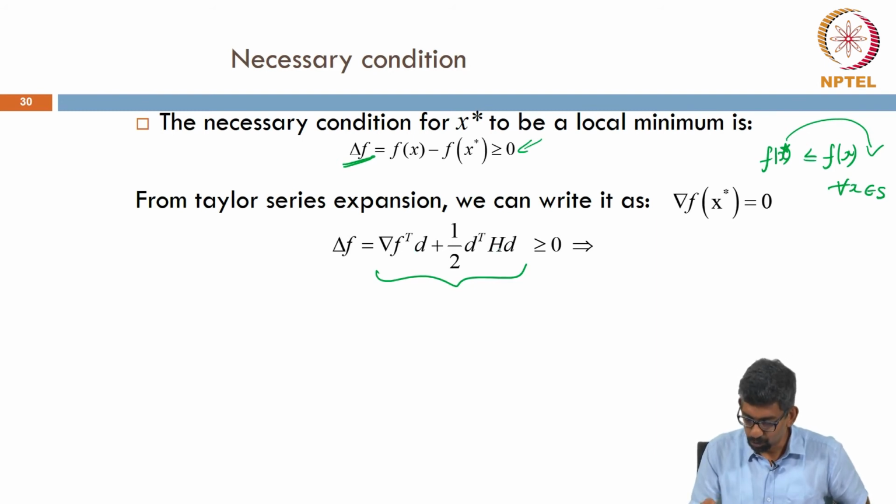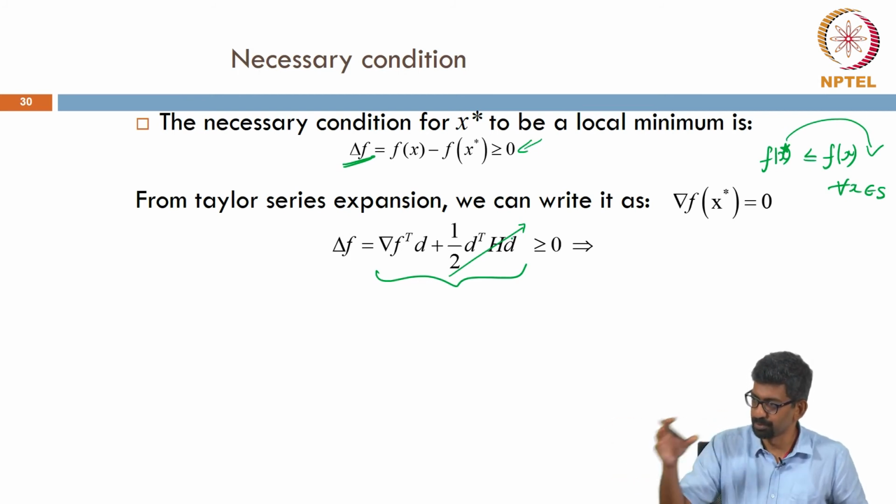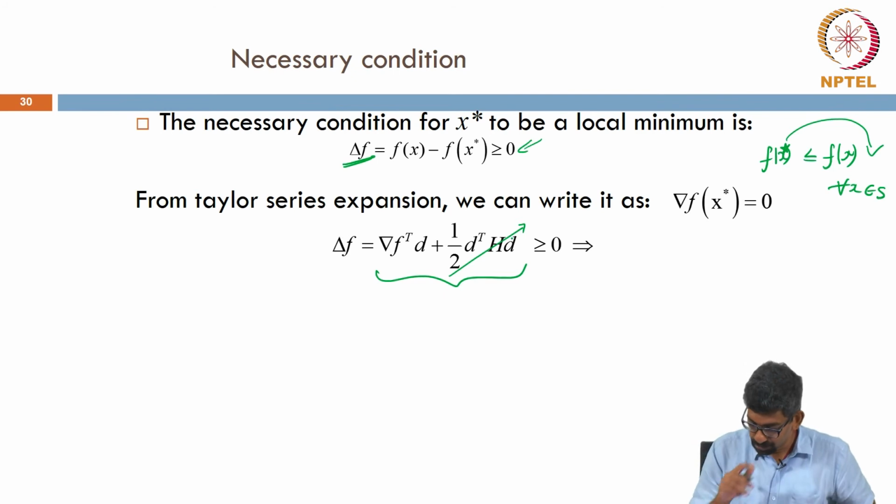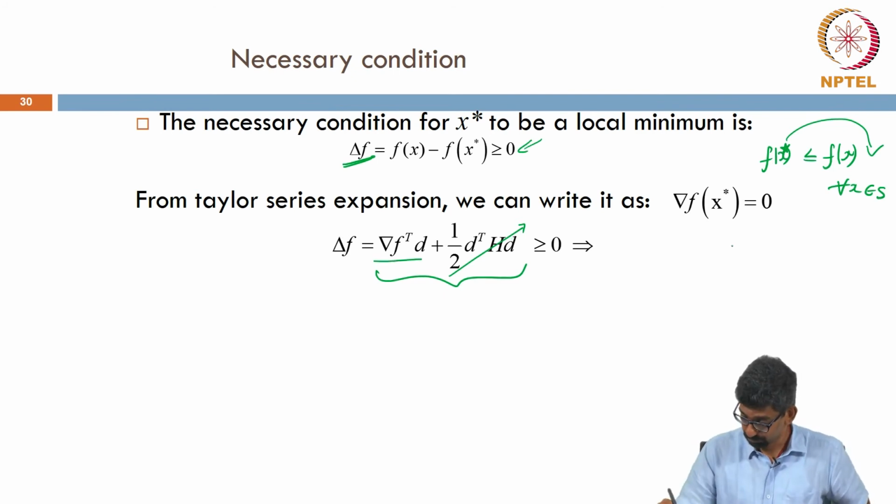So, d squared is going to be even smaller. So, usually this term does not dominate. The order of domination reduces as you keep increasing your number of terms. So, we are not considering that at this point in time. So, we are only taking this term.